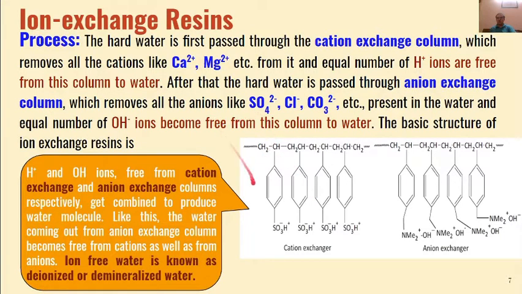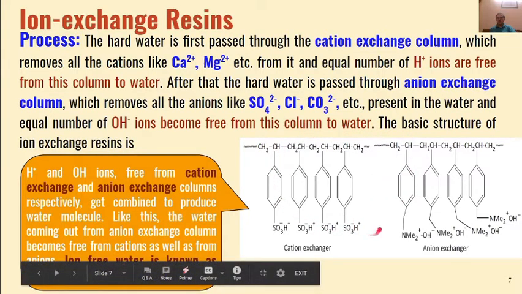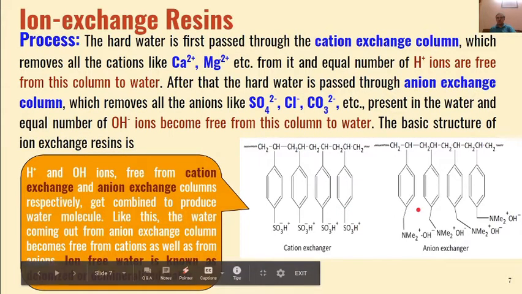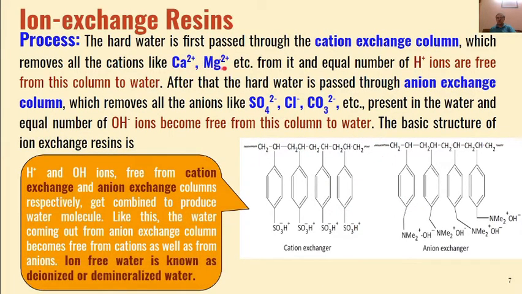Then after this, the water where exchange of cations has taken place will pass through an anion exchange resin. In the anion exchange resin, we know that OH negative ions will be exchanged with sulfate ions or chloride ions or carbonate ions. So that is how the hardness in terms of the cations of calcium and magnesium and their anions is removed from the hard water, and the hard water will become soft water.